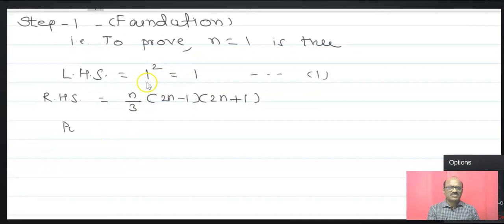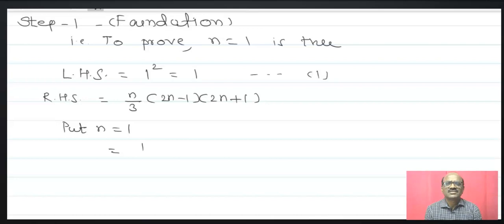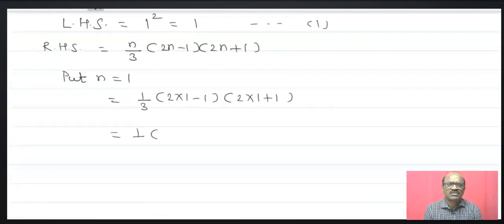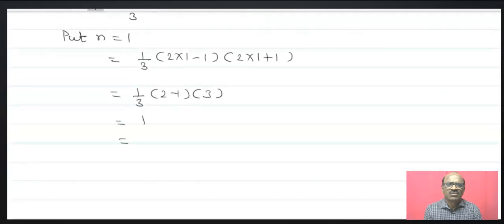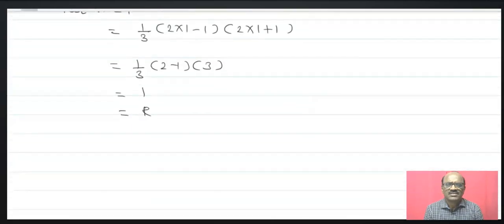For the LHS, first term is 1 square, that is equals to 1, and for RHS, n upon 3 (2n minus 1)(2n plus 1), we substitute here n is equals to 1 and we get the result. That is RHS is 1 by 3, 2 into 1 minus 1, 2 into 1 plus 1, that is 1 by 3, and overall we are getting 1, which is the RHS. Therefore LHS is equals to RHS.